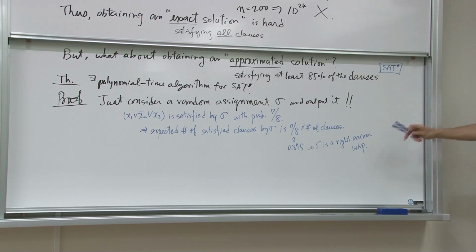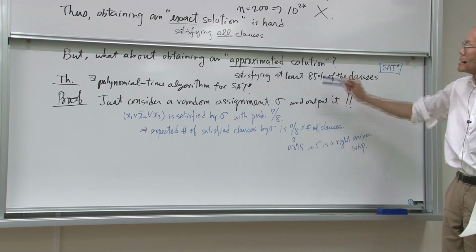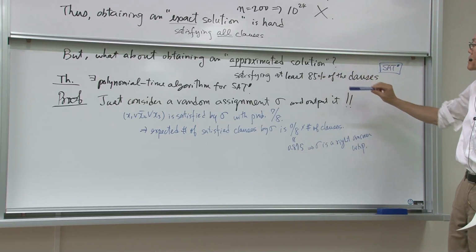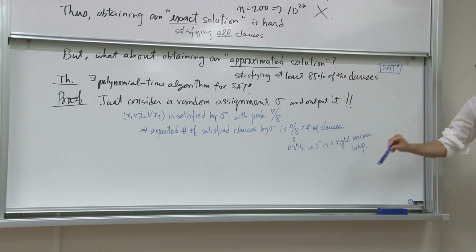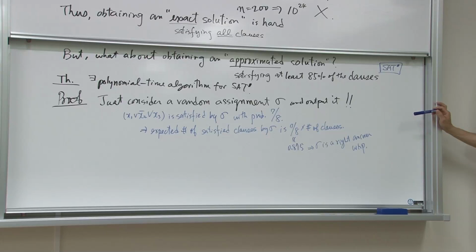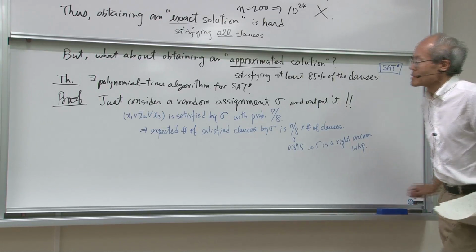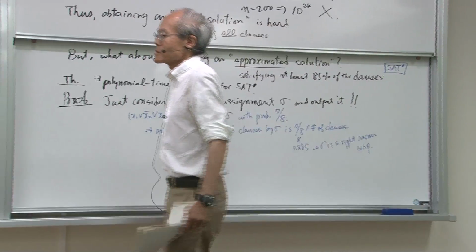Well, you know, this expected fraction is greater than our required value, 85%. This number is greater than our requirement. Then by Markov inequality, our solution is correct with high probability. Great, great. So this is exactly approximation algorithms.